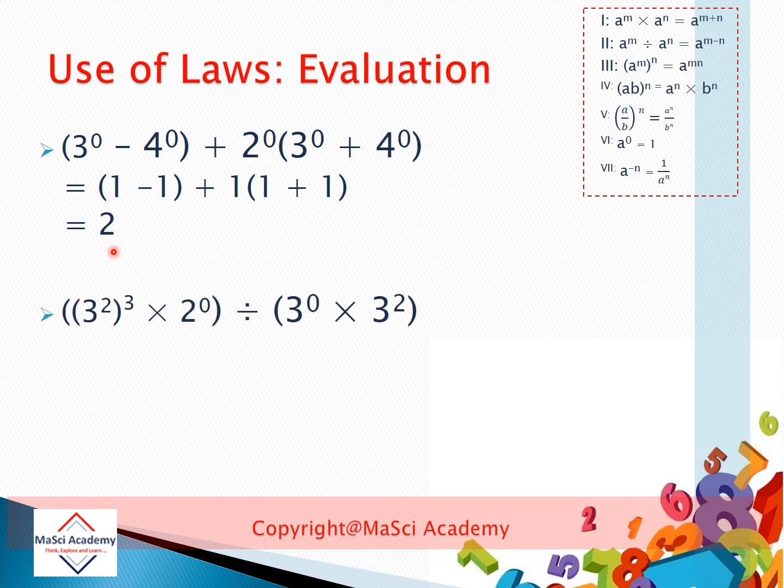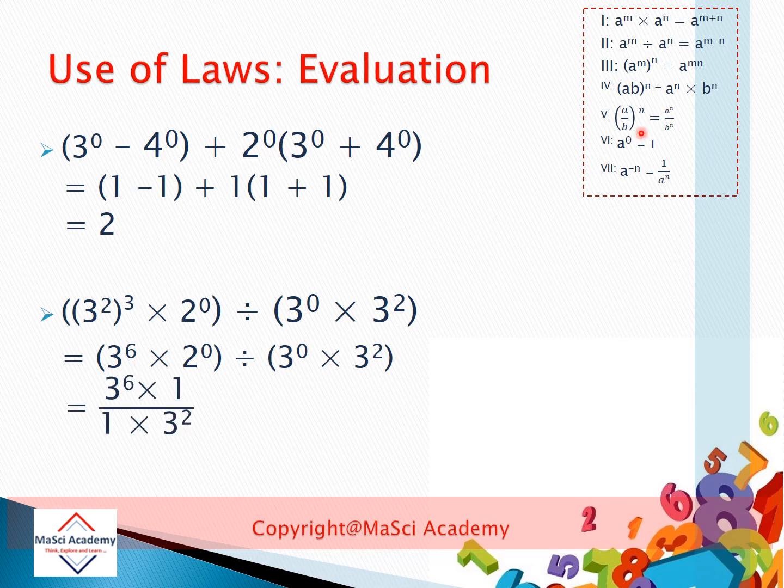Let's take another example. 3 square whole cube multiplied by 2 to the power 0 divided by 3 to the power 0 into 3 square. First, we open out the brackets for 3 square using the third law of exponents. So the power of 3 becomes 3 into 2, that is 6. Now we replace any number to the power 0 with 1.